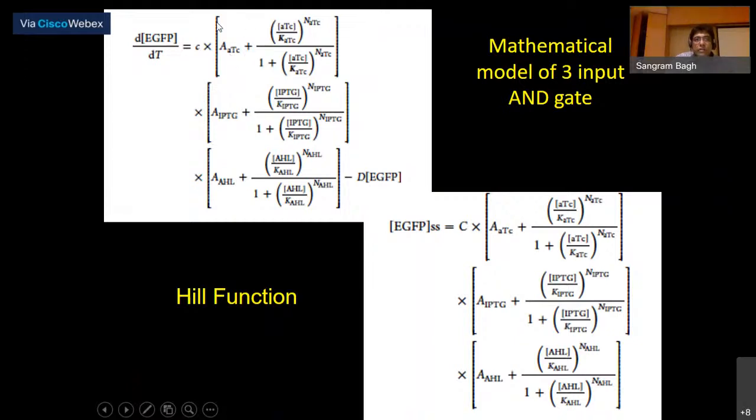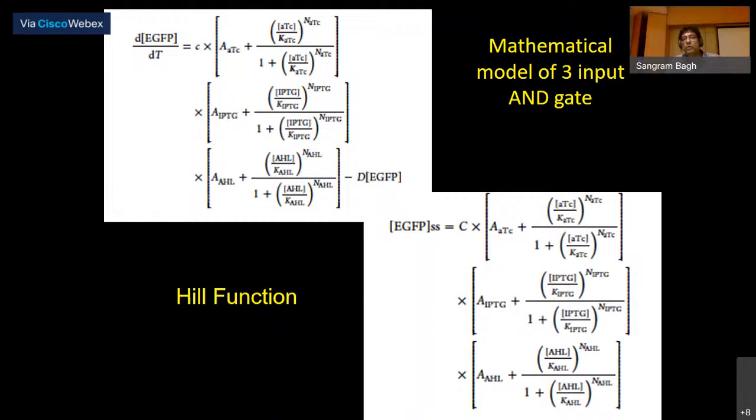So now your equation is nothing but this minus d EJP. Actually, we know that when we are developing a synthetic gene circuit, it should give a behavior like the Hill function. So now if you write your equation in such a way, all reactions have a lot of rate constants, and everything is now embedded within either this n Hill coefficient or this Hill constant.